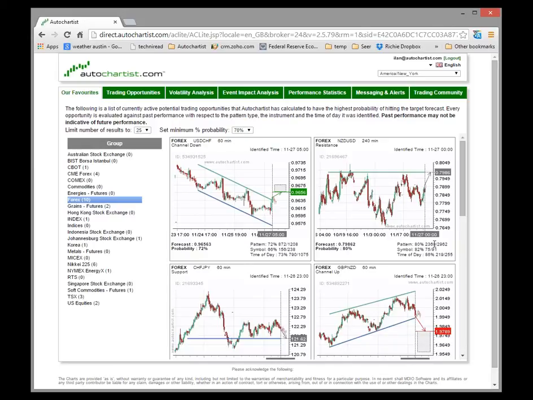Now, one thing you need to keep an eye on is obviously the size of the opportunity. So Autochartist provided this 15-minute opportunity here at around 104.60, with a forecast up to 104.90. So that's just around 30 pips, okay?